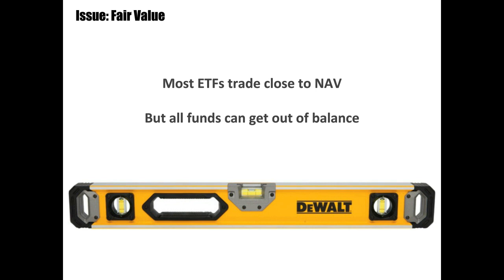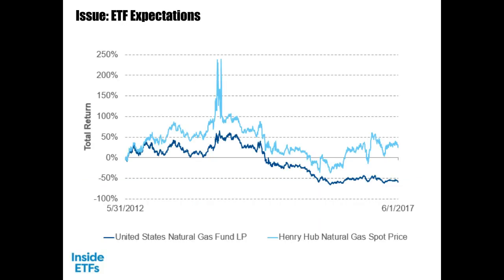Two more issues: ETF expectations. ETFs have opened up complex areas of the market. This is an example of a natural gas ETF. You can see over the time period we looked at here, about a 5-year time period, the light blue line, which is spot natural gas, was up about 25%. The dark blue line, which is the U.S. natural gas ETF, was down more than 50%.